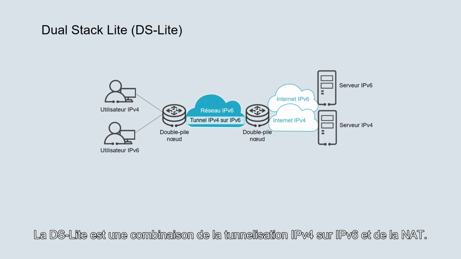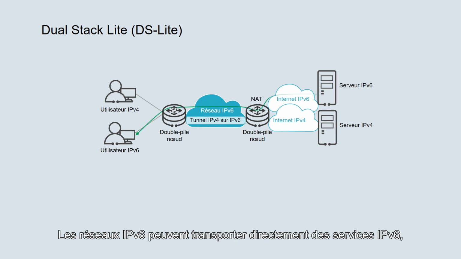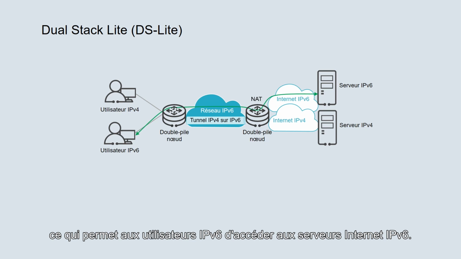DS-Lite is a combination of IPv4 over IPv6 tunneling and NAT. IPv6 networks can directly carry IPv6 services, allowing IPv6 users to access IPv6 internet servers.